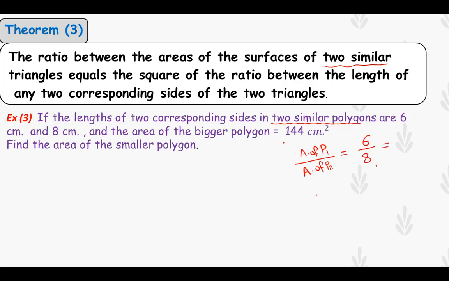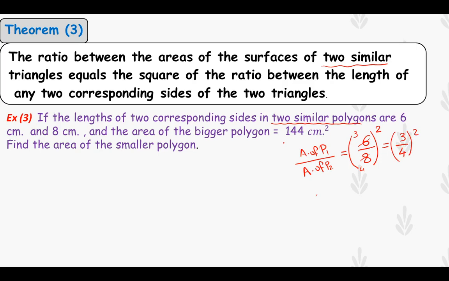This equals 6 over 8 all to the power of 2. You can put it in the simplest form: divided by 2, it will be 3, and divided by 2, it will be 4. So the ratio will be 3 over 4, all to the power of 2.